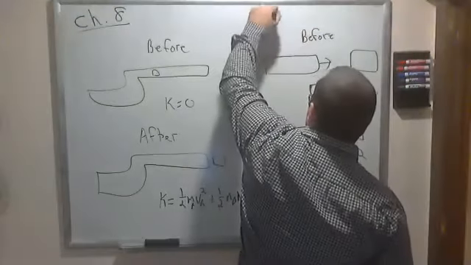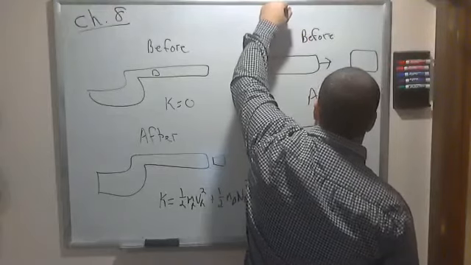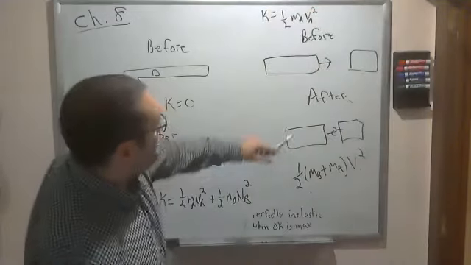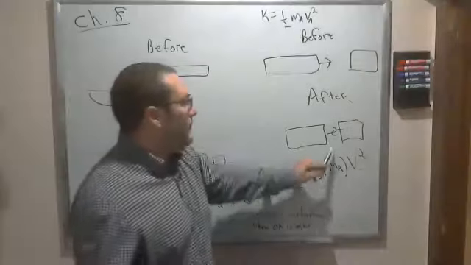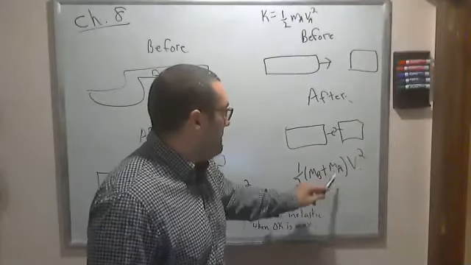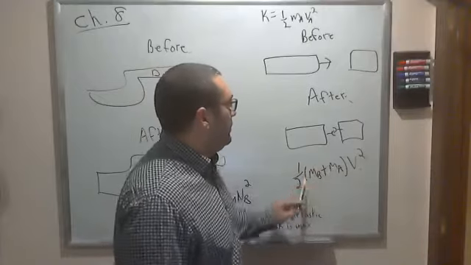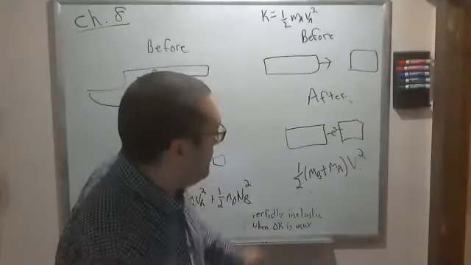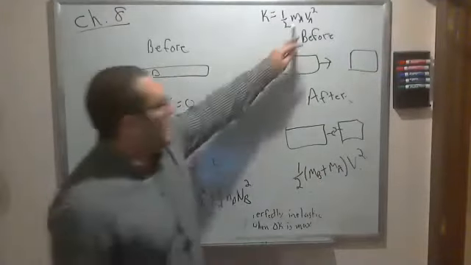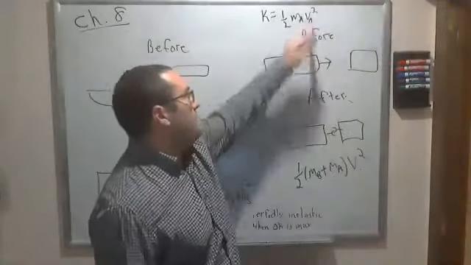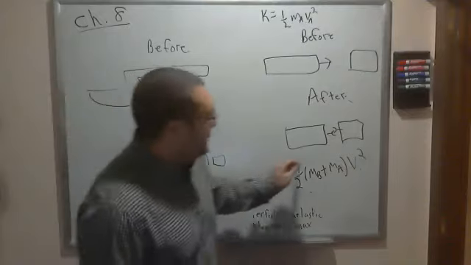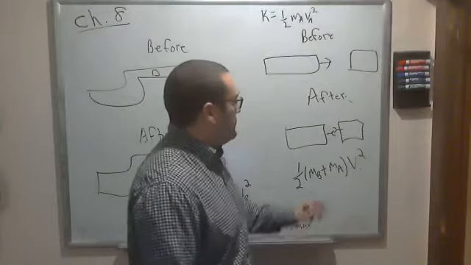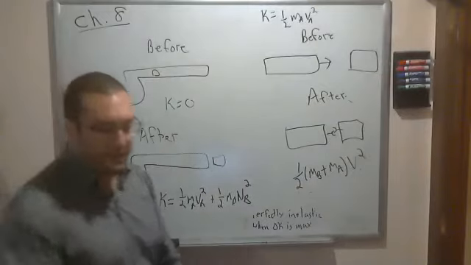And here the KE before is the initial KE. When it combines like this, we're transferring a lot of the momentum to the mass. Remember how the new velocity was proportional to the two masses. And it's this square term that really tells you that the change in momentum is maximized. So these two scenarios are perfectly inelastic collisions.